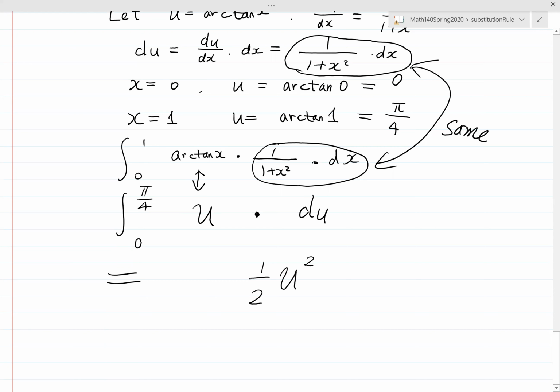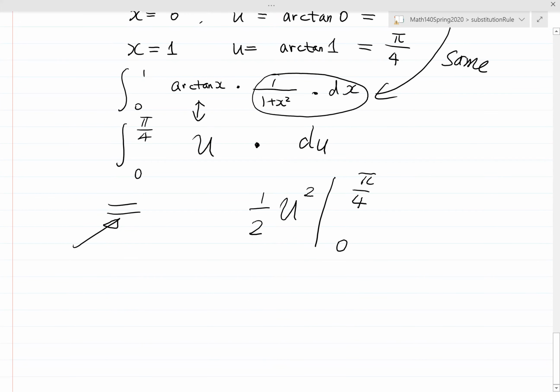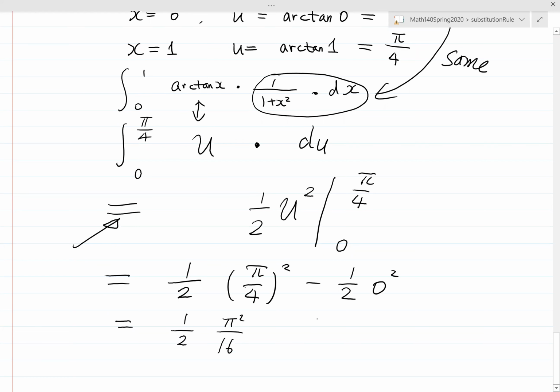And then by the fundamental theorem of calculus, we evaluate at the upper limit and lower limit, and then subtract. So this will be 1/2 (pi over 4) squared minus 1/2 times 0. Then we get 1/2 times pi squared over 16, so this is pi squared over 32. Then we are done for this problem.